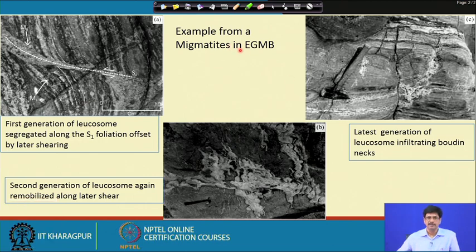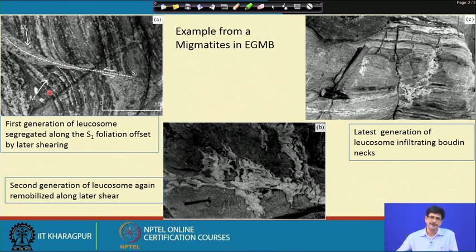This has been taken from the Eastern Ghats mobile belt, the granulite Eastern Ghats mobile belt, the gneissic basement, and there are different generations of melts that are generated and present in the form of leucosomes. A proper field study will definitely be able to delineate them. For example, here the gneisses have their leucocratic bands, and later on they have been offset by the shear.